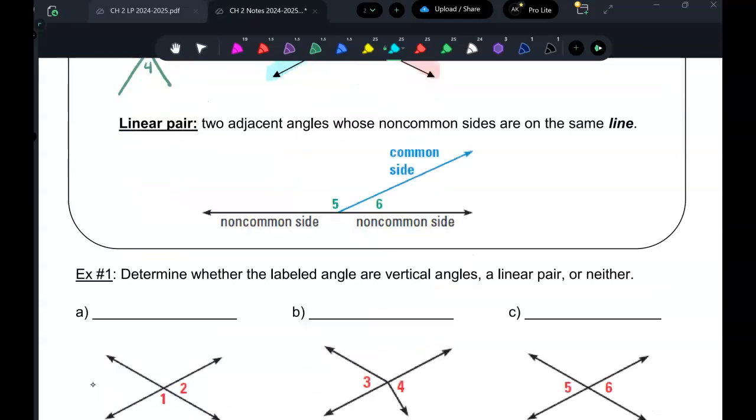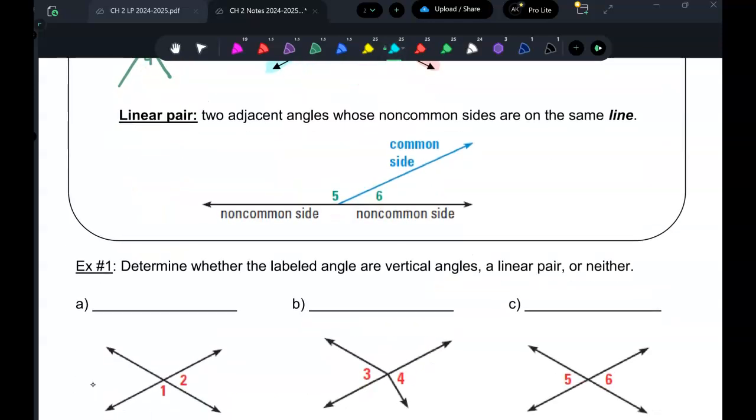All right, now vertical angles, these are not adjacent to each other. Look at the first part of linear pair. What do we notice about the first part of the word? Line. So anytime you have a line and then you have a side extending from one of those parts of the line, you have a linear pair.